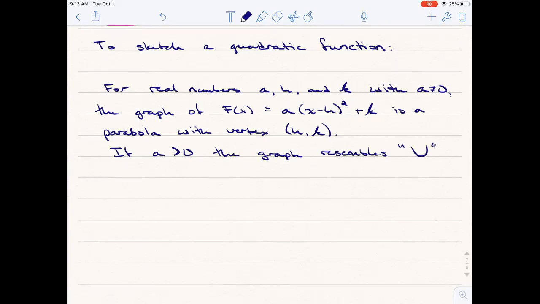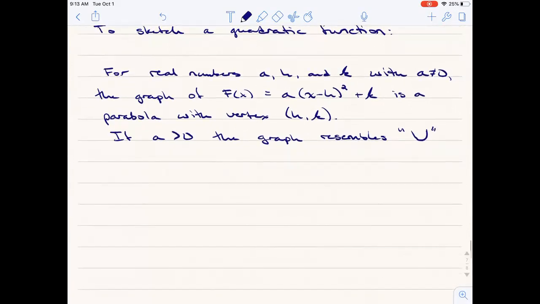Or like this. If A is less than 0, the graph resembles this upside down U.